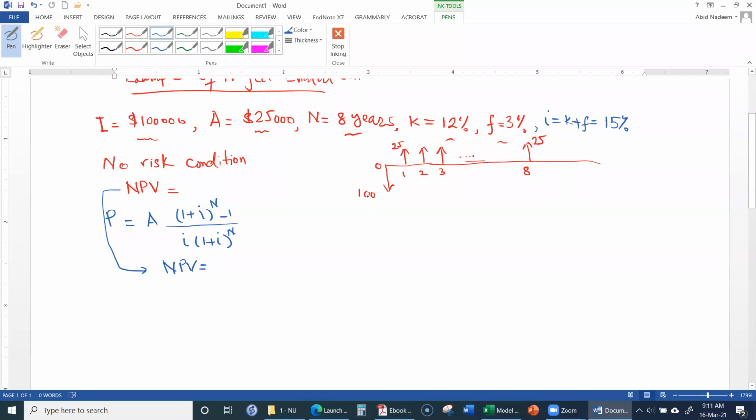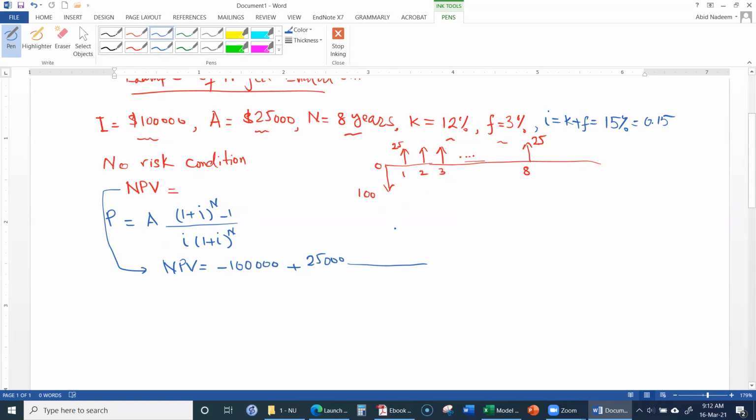remember that we also have this value, okay, this is at time 0. Because it is right now, it will have the same value, this $100,000, and then plus $25,000 into 1 plus i, where i is 15%, or in decimals 0.15.